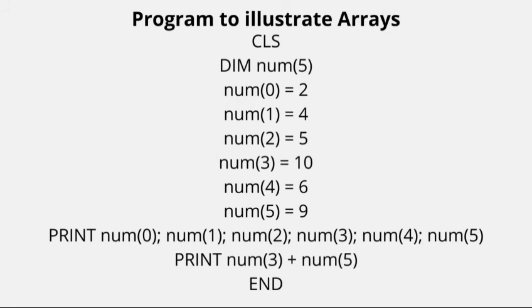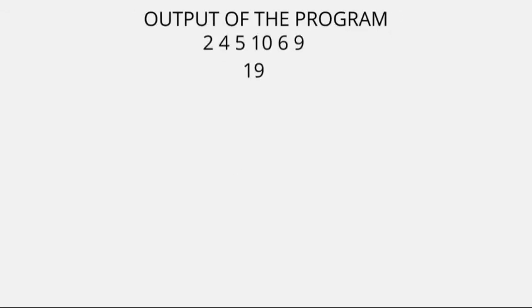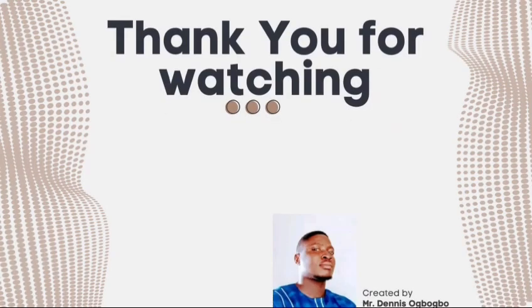And the program has illustrated that each of these rows has values, of which the very first one, num(0), is 2, num(1) is 4, num(2), and then the output of the program for that illustration is what you have there. With this, you have successfully done it.